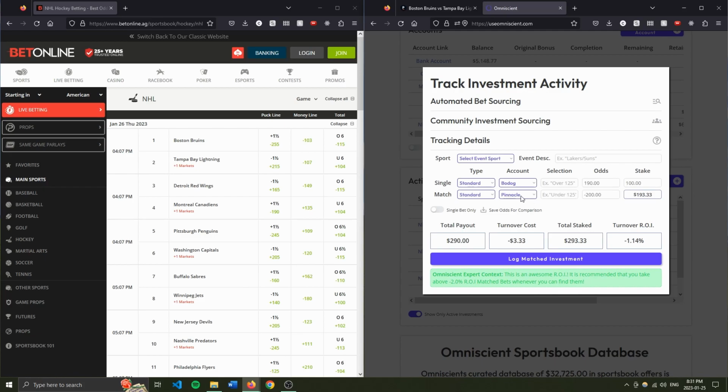So in this case, it would be Pinnacle, because if you lose on the account that you have the deposit bonus on, you immediately don't have to worry about your turnover requirements anymore if you're winning on a different sportsbook that you can instantly withdraw from. So this would be a very favorable bet for us if we were betting the entire account balance on BetOnline here.